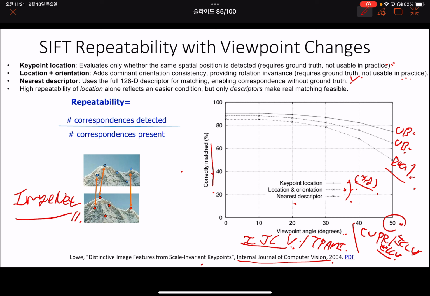It is obvious because when we change the viewpoint significantly, it gets harder to find correspondence between images from different viewpoints. But up to 50 degrees, it works reasonably, at about 50%.